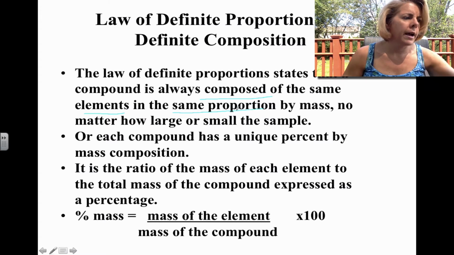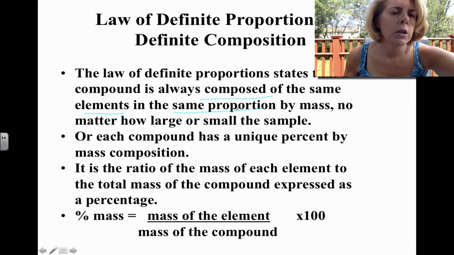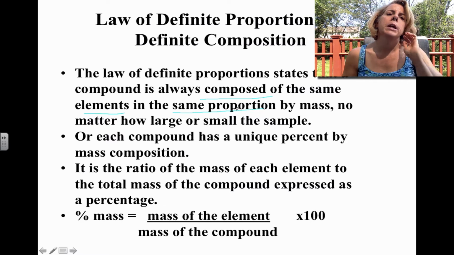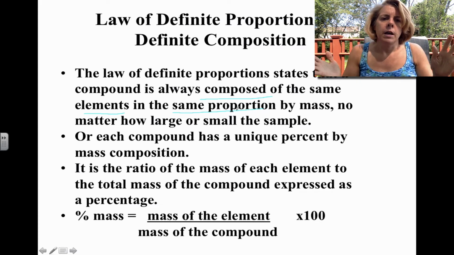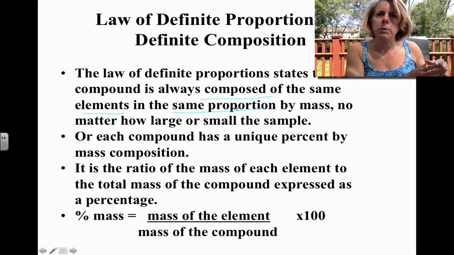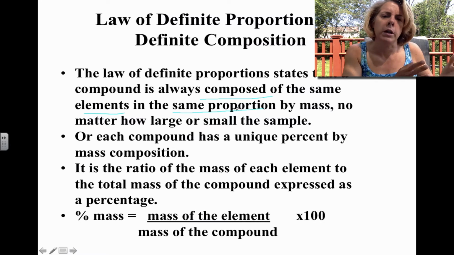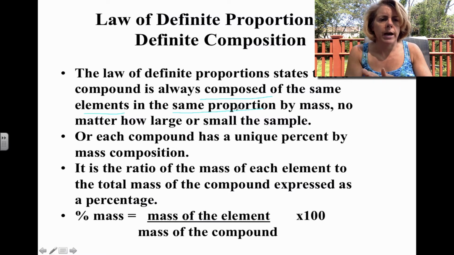So if I have a bottle of water, there's going to be 2 hydrogen for every oxygen, no matter how much water I have. So that means for water, it could be water here, water in California, water in Australia. Each sample of water has the same proportion of hydrogen to oxygen.